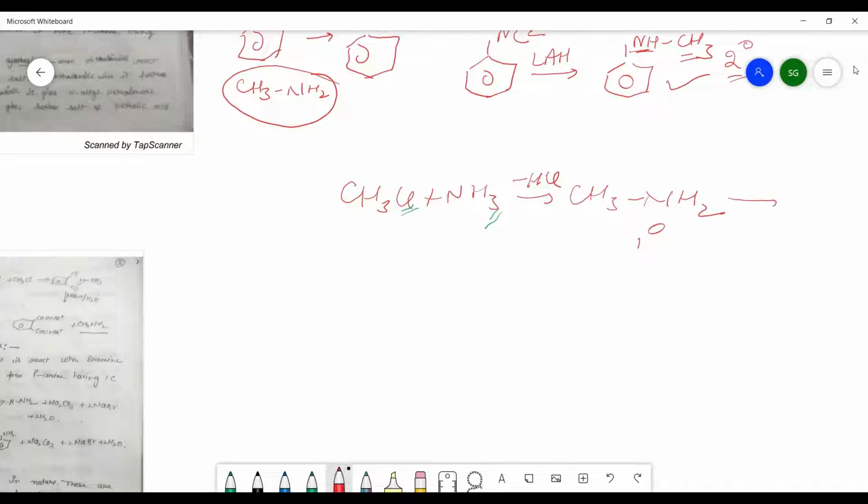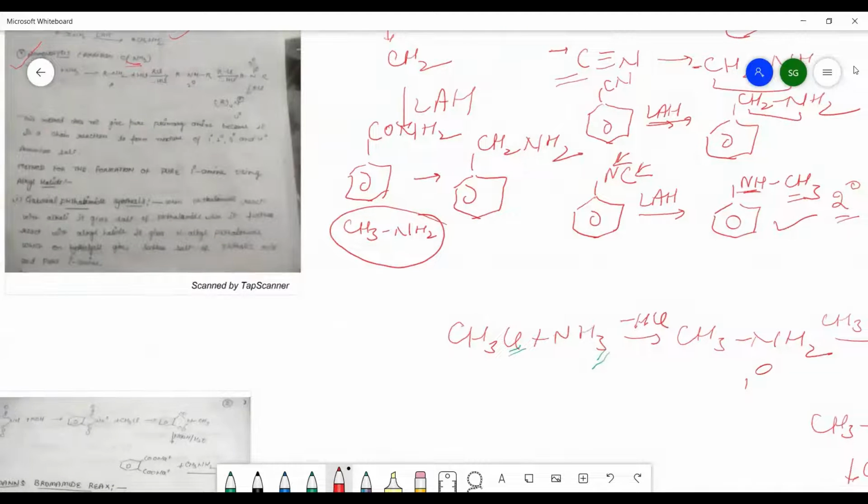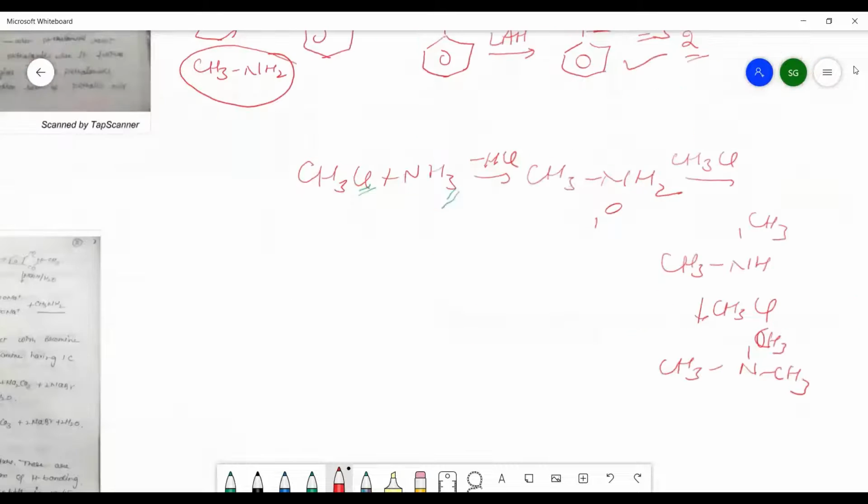After that, one more molecule of CH3Cl can attack it, and it gives rise to the formation of a secondary amine. Likewise, there is a formation of a tertiary amine. We have to write the tertiary amine in this manner. So you can see there is a formation of a mixture of primary, secondary and tertiary amines.